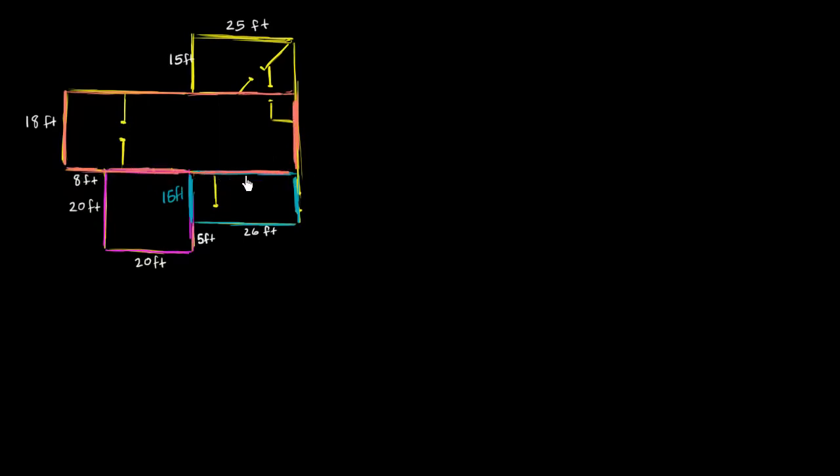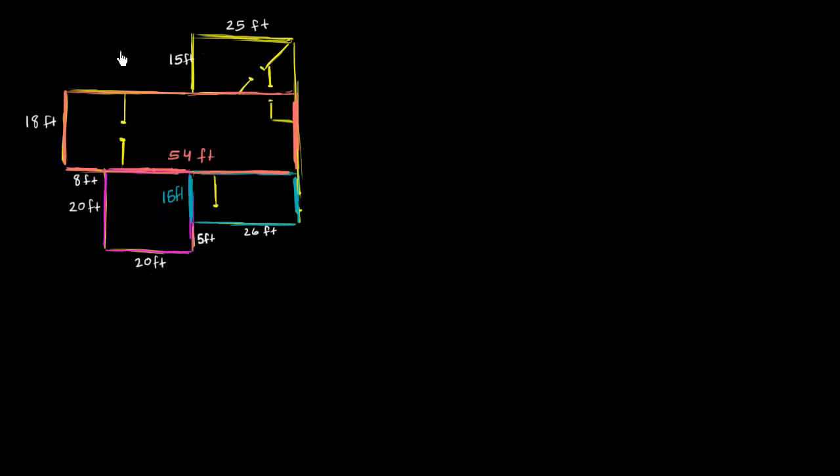So the entire width is going to be 26 feet plus 20 feet. So 26 plus 20 gets us to 46, plus 8 gets us to 54 feet. So this is 54 feet right over here. Did I do that right? Let's see. 8 plus 26 would be 34, plus 20 is 54 feet.